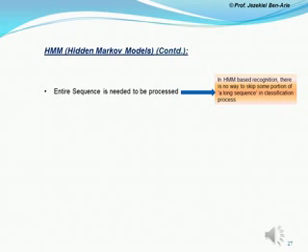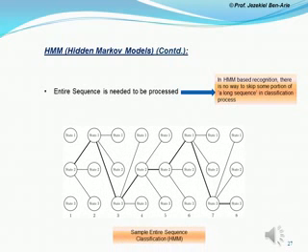With HMM, the entire sequence needs to be processed. There is no way to skip some portion of a long sequence in the classification process. In the next few slides, we shall discuss a simple example of the HMM classification procedure.